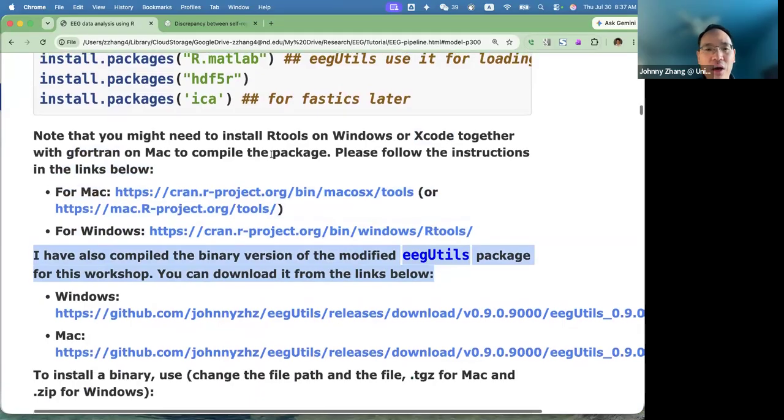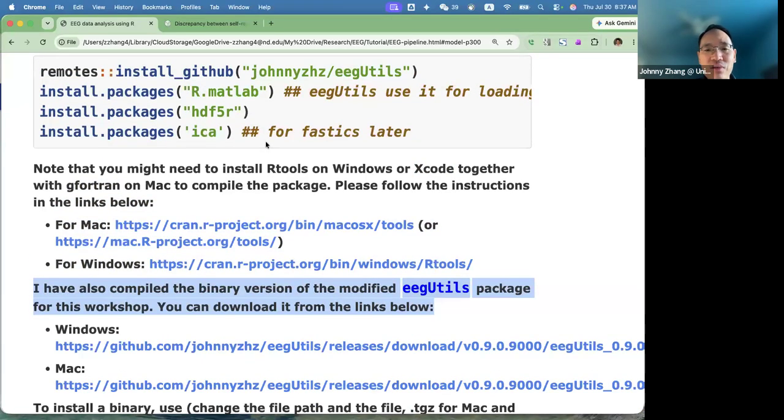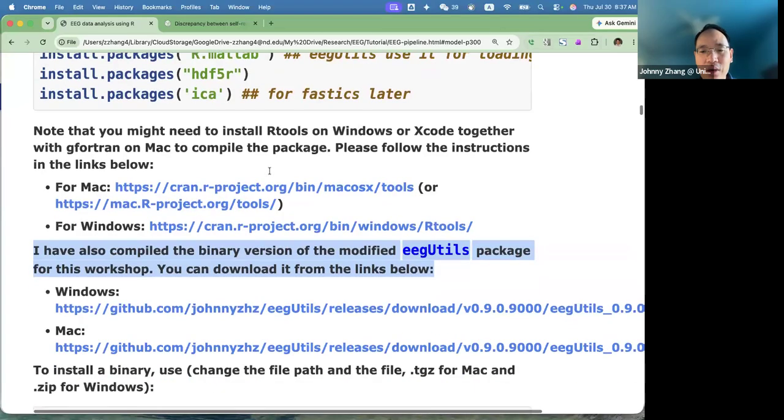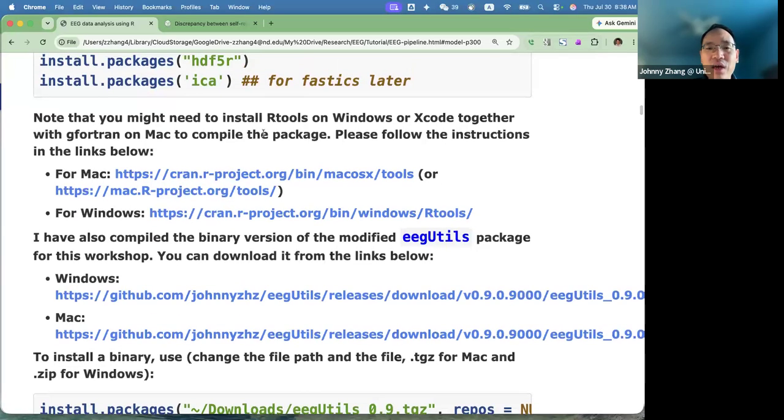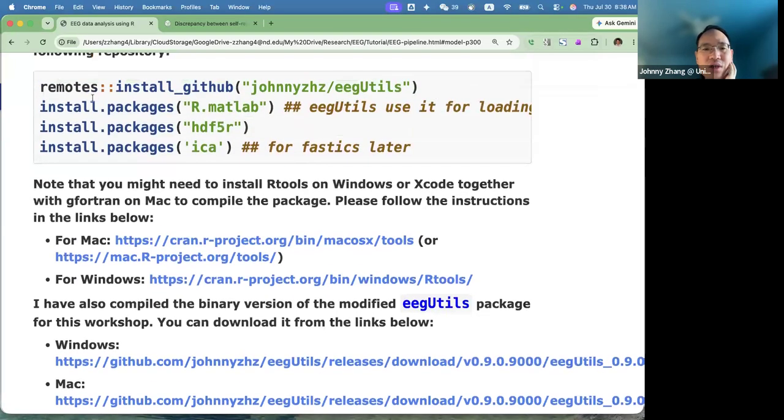So in this case you don't need to have Rtools or Xcode to install the package. You can download the binaries from here for Windows and Mac. And if you use a Linux or Unix version, it's very likely you already have the programming environment, so you can just install it using this.